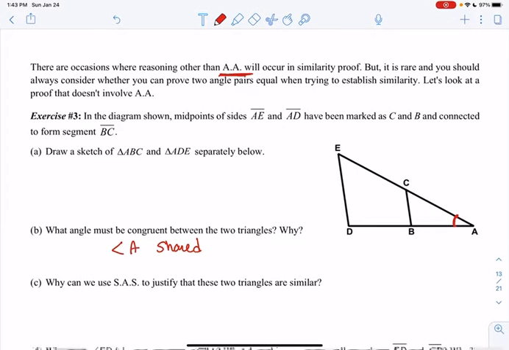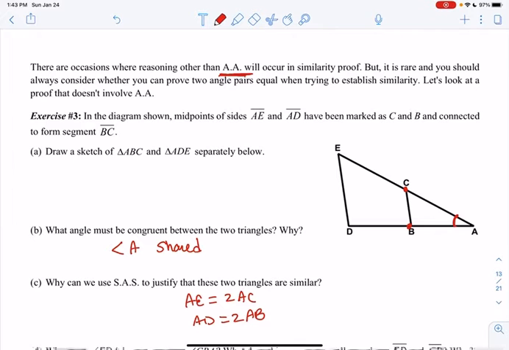I think they told us it was a midpoint or something. They were marked as C and B, connected to form BC. Draw and sketch the triangles separately. If they told us that C was a midpoint, then that would mean that AE is 2 times AC, and if B was a midpoint, then that would mean that AD is 2 times AB.